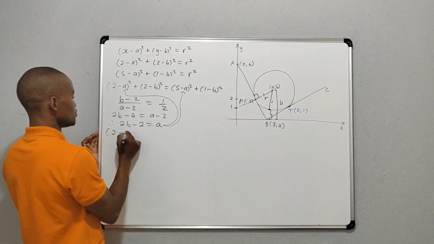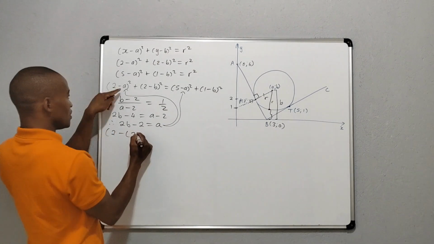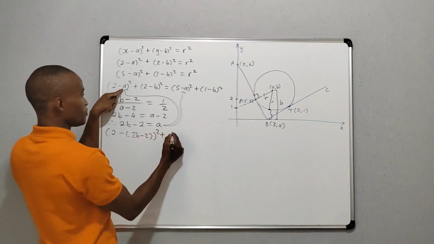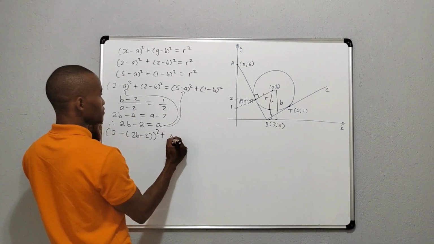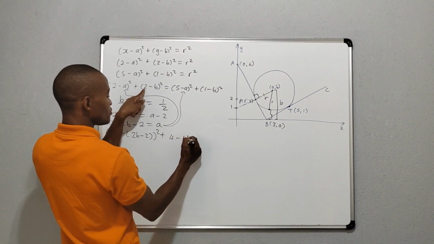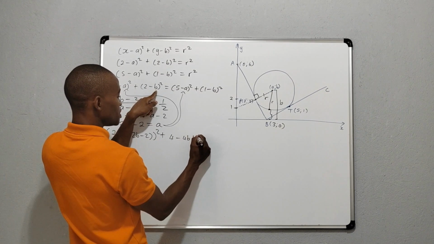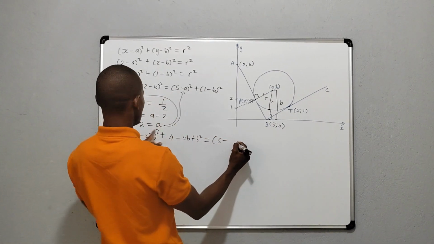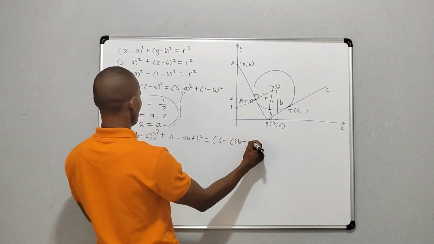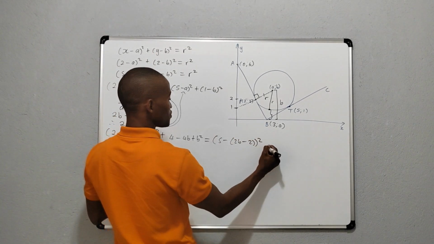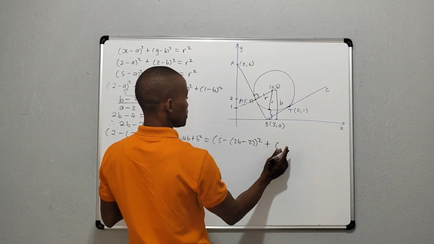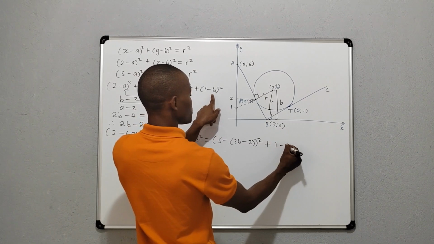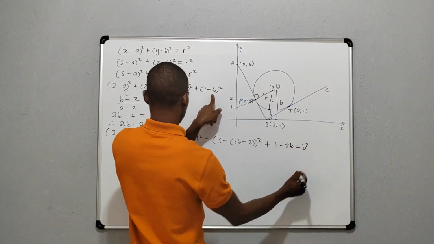So we have 2 minus 2b minus 2, all square, plus, let us expand that one, 4 minus 4b plus b squared, equal to, what's going to happen there? 5 minus 2b minus 2 all square, plus, we can just expand this as well, 1 minus 2b plus b squared.